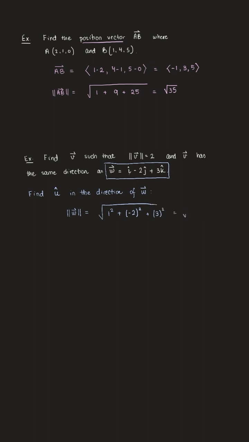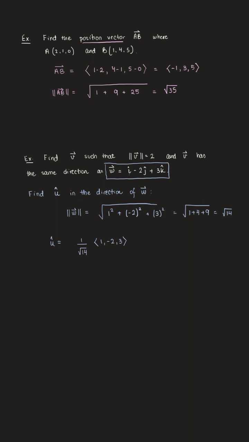And we get the square root of 1 plus 4 plus 9, which is the square root of 14. So our unit vector u in the direction of w is 1 over root 14 times w. And w is 1, -2, 3.